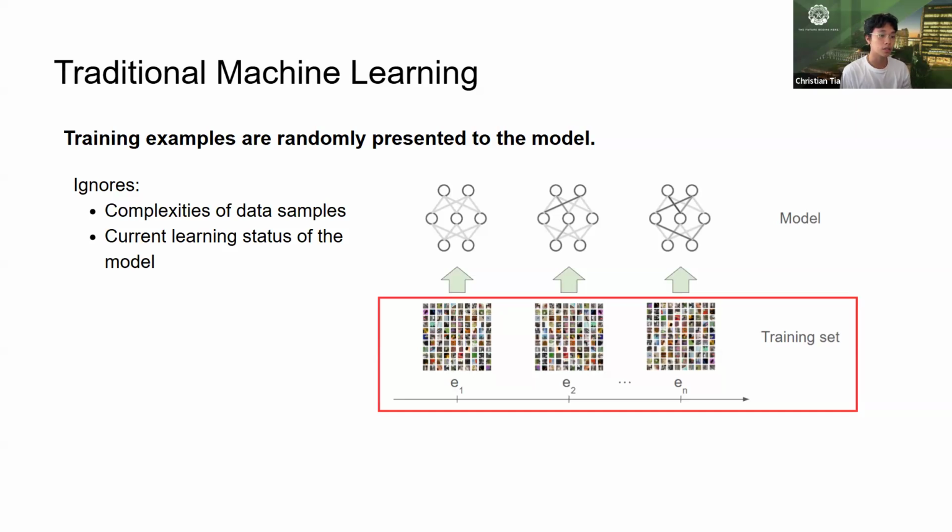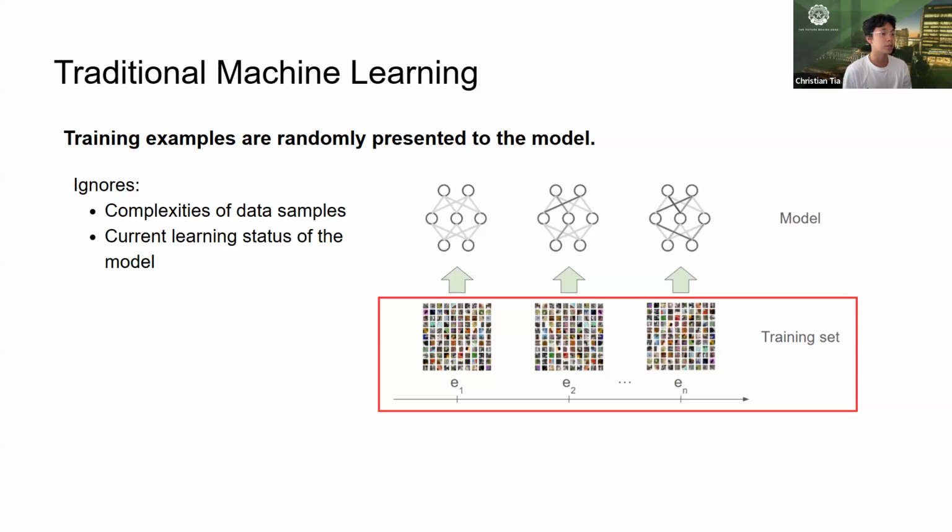Second, we're also ignoring the current learning status of the model. During training, right from the start, when all the weights have just been initialized, we're already showing all of the images, and we don't really care what we're showing the model. Everything is weighted equally since we're getting averages per batch. So let's say at some point the model becomes really good at detecting a specific class.